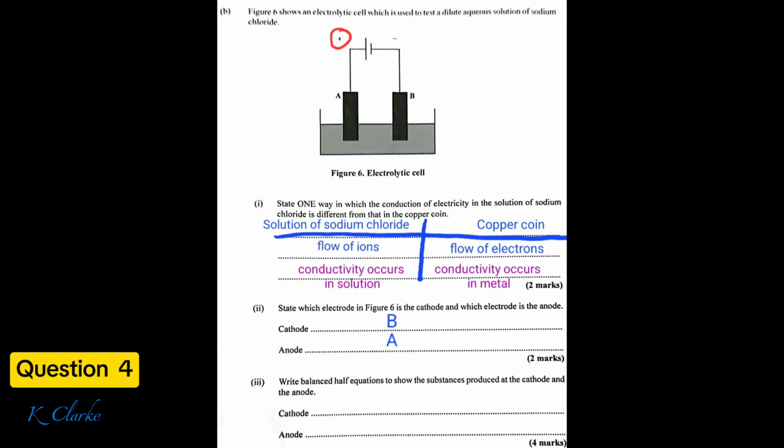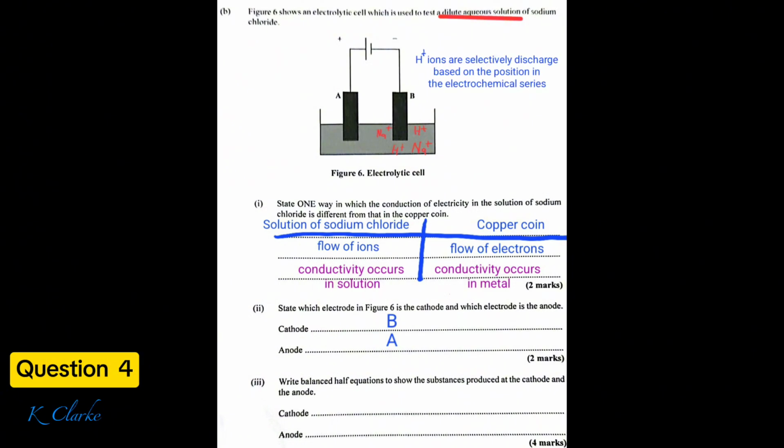Part 3. Write balanced half equations to show the substances produced at the cathode and the anode. Remember, this is for a dilute aqueous solution of sodium chloride. Therefore, sodium and hydrogen cations move to the cathode.